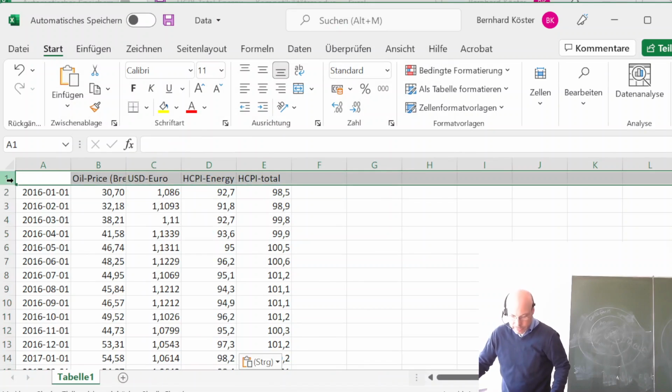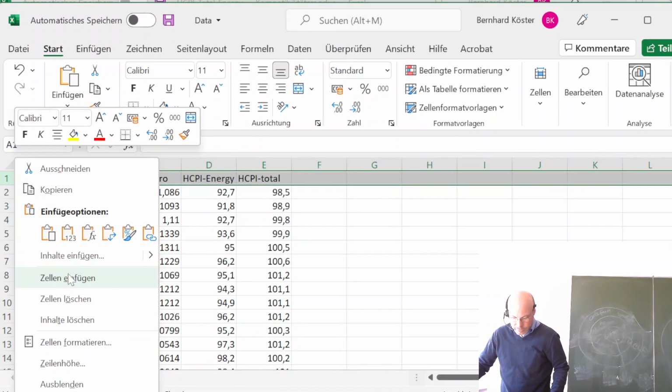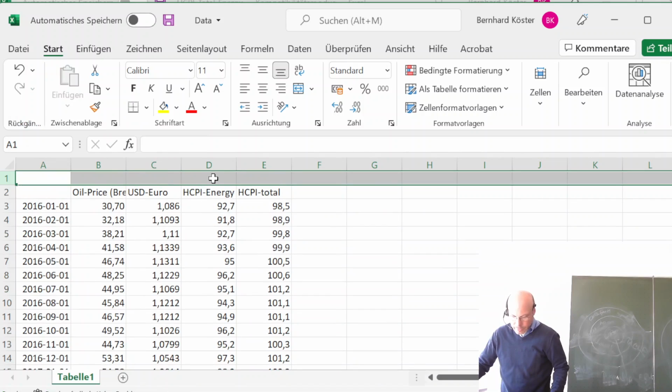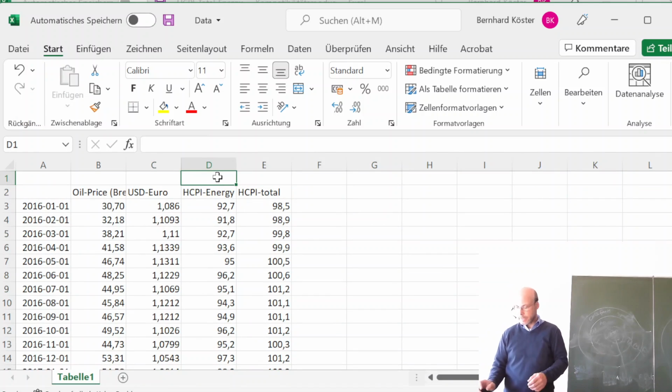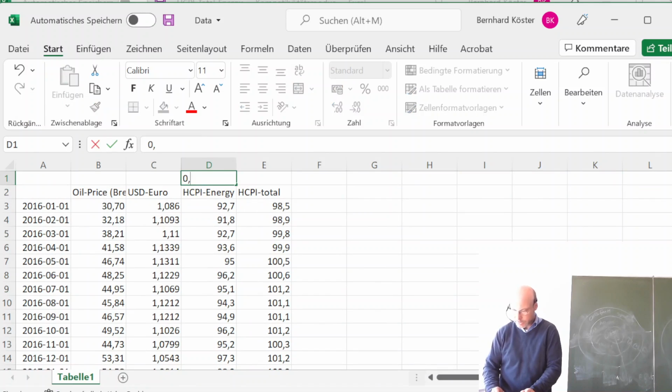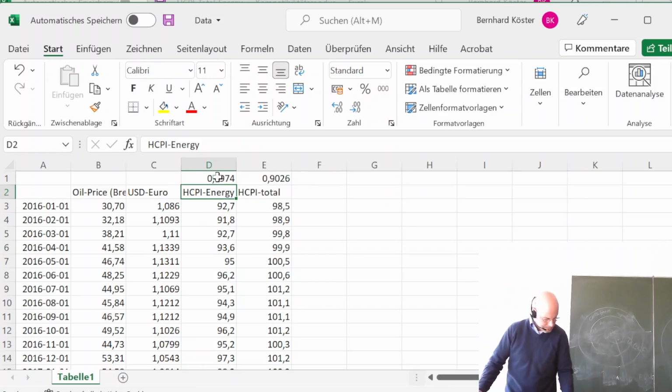And then, of course, we have to know the weight of the energy component, and this I looked up. This is around 9%, 0.0926, and therefore the weight here is 1 minus 0.926.